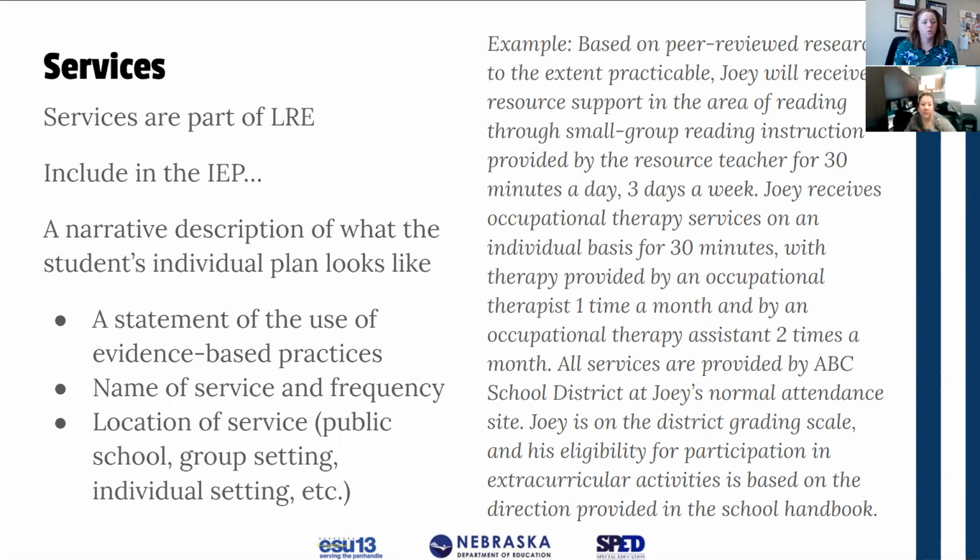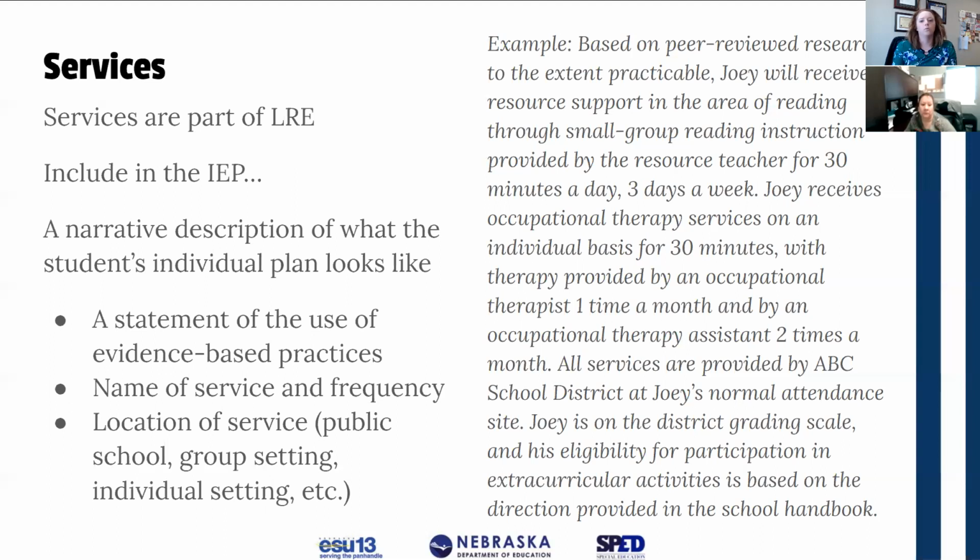So you should include in this section a statement that we will be using evidence-based practices to support this child, what the service is and how often they receive it, and then the location of the service. So do they get that at their public school, at a separate facility, at the home, whatever that is.